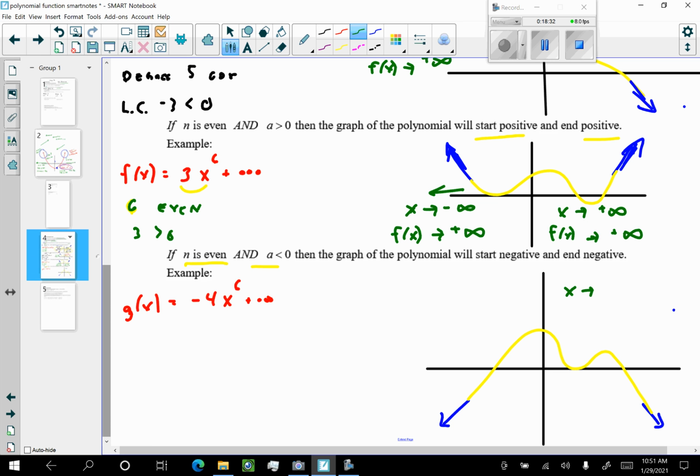As x goes to positive infinity, the function values, where do they go? You bet they go to negative infinity. Make my statement over here. As x goes to negative infinity, my function values also go to negative infinity. And that's what it means to start negative and end negative.